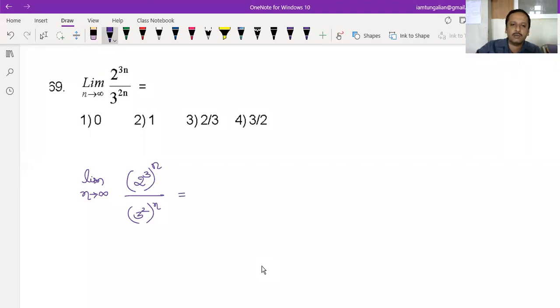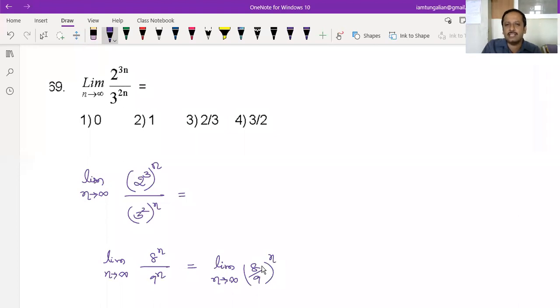That is equal to limit n tends to infinity, 2 cube, that is 8 power n, divided by 3 square, which is 9 power n. So that's equal to limit n tends to infinity (8 by 9) whole power n.